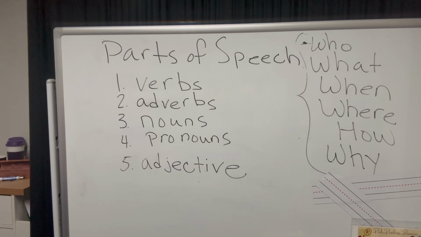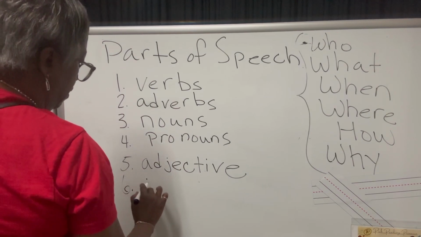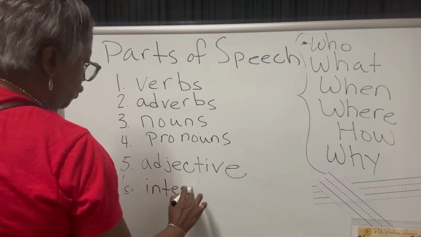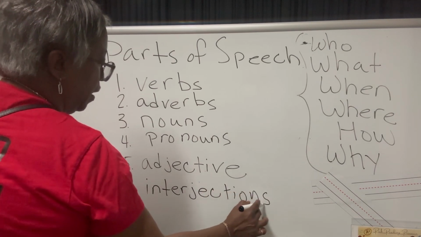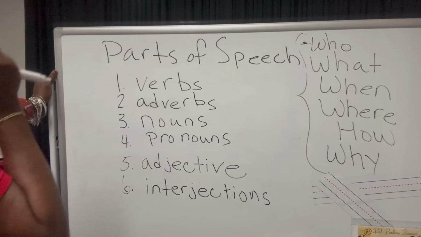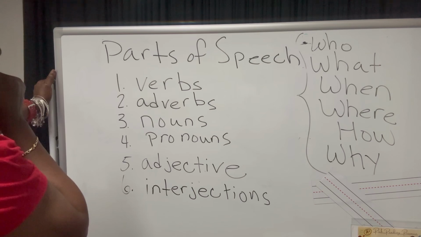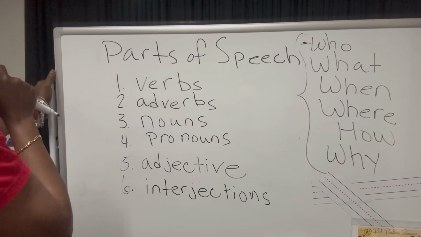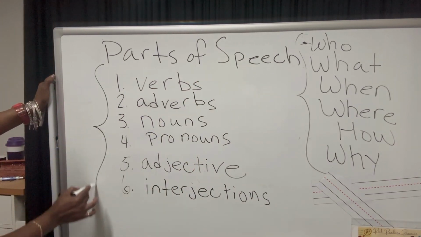Oh shoot, it might be in my binder, but that's okay. I think it's interjections. All right. And I think it's 2 more. It's 8 parts of speech. I can't remember what the other ones are really. Adjectives, pronouns, verbs, nouns. Let's do these 6 for now. I'll get back to you with it.